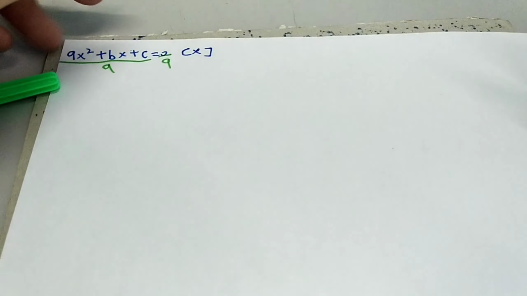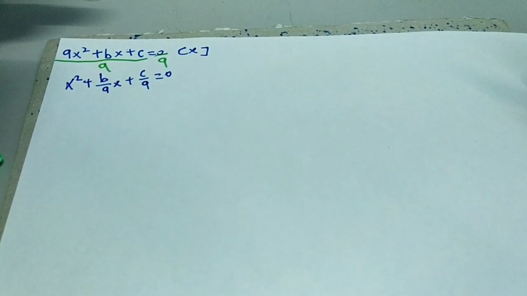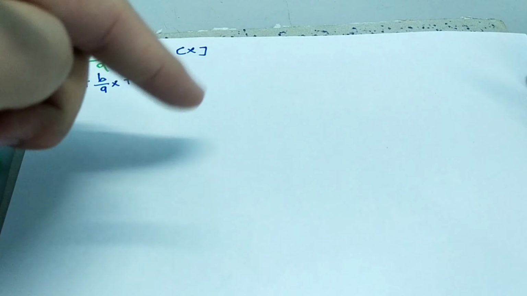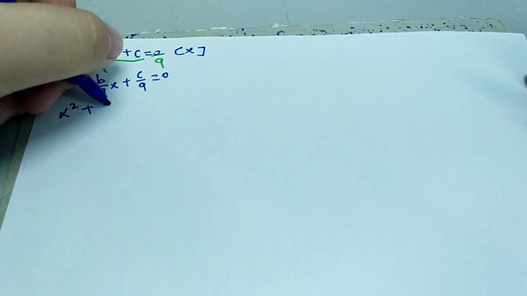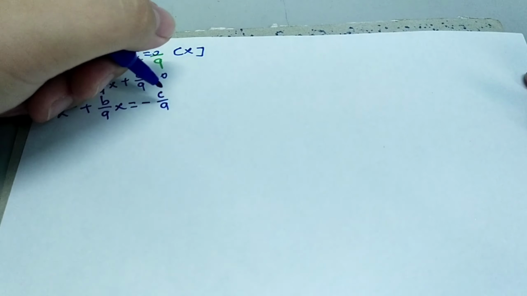So we will get x squared plus b over a x plus c over a equal to 0. And then we are going to move the constant c over a to the other side. So x squared plus b over a x is equal to negative c over a.